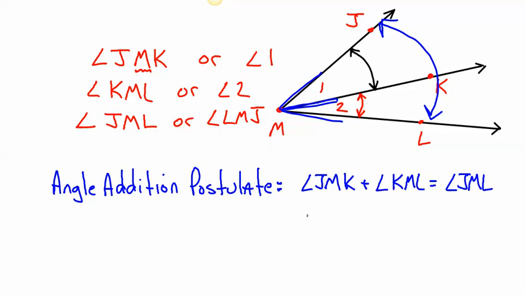You can also say that angle JML minus angle KML would be equal to angle JMK.